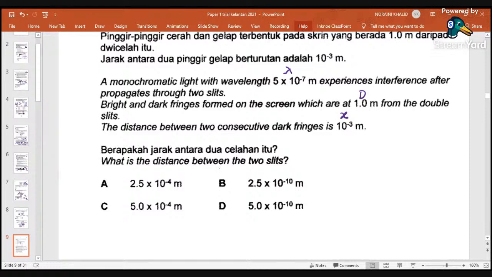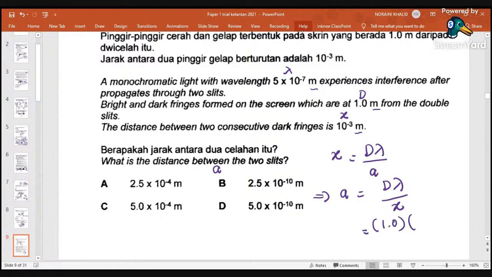Distance between two slits is a. The formula for interference: x equals D lambda over a. Now we want to find a. a equals D lambda over x. Now check the unit. Luckily all the same unit, so you can just directly substitute. Okay, ganti terus. If the units are different, you must change to the same unit first.